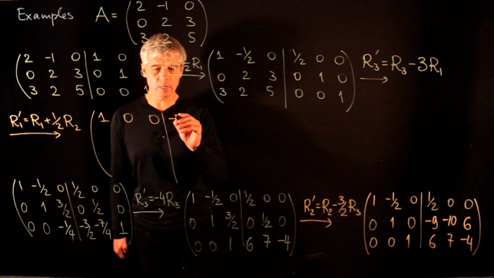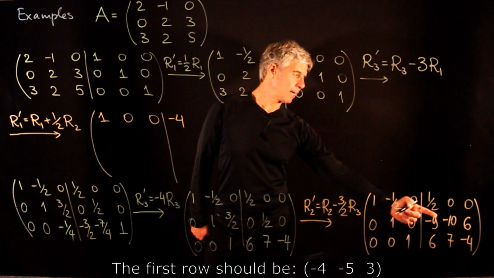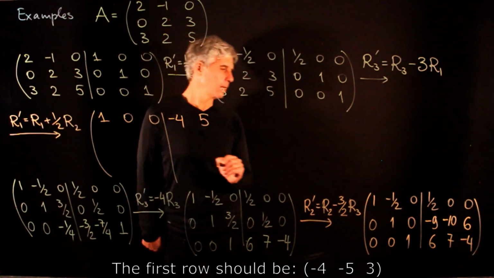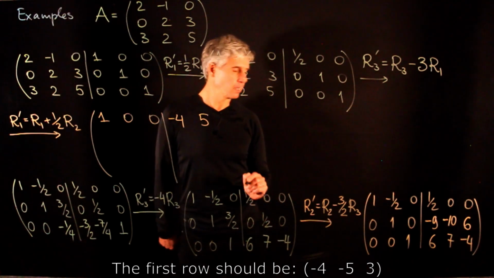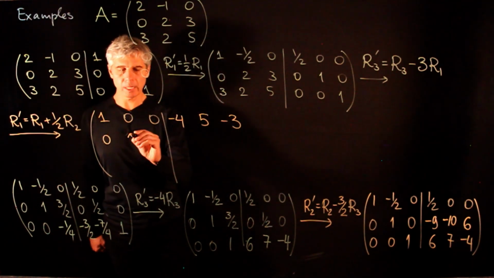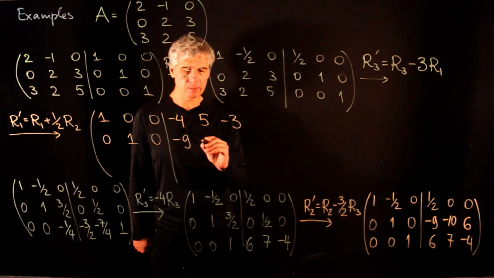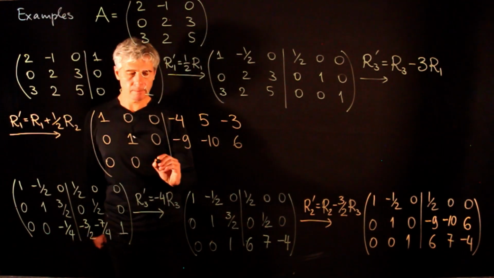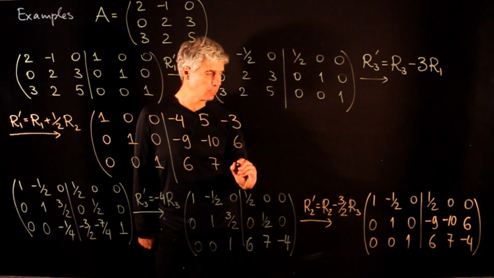So that's negative 4. Then here we have negative 1/2 times negative 10. That's positive 5. And negative 1/2 times 6. That's negative 3. And 0, 1, 0. So here we have negative 9, negative 10, 6, and 0, 0, 1. So we get 6, 7, negative 4.